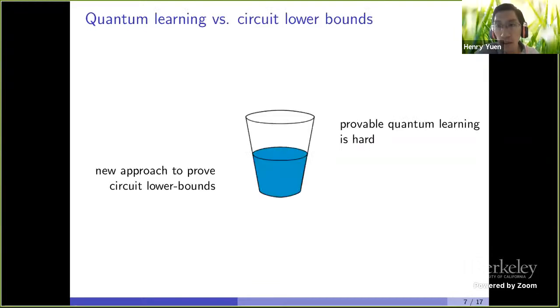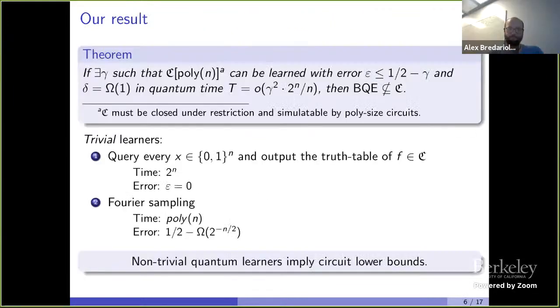Alex, there's another question in Q&A by Abhinav regarding the first trivial learner. Why is it a learning algorithm in the sense that you describe? How can you ensure that there's a uniform algorithm that outputs the truth table? So you have a learner, right?